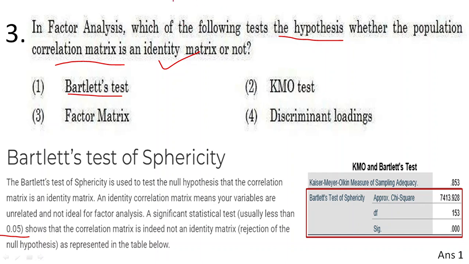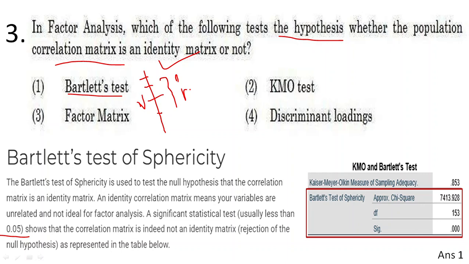Factor analysis is basically when there's a large number of variables and you want to reduce the data. These variables can be reduced to a few factors, factor 1, factor 2, factor 3. So that is what a factor analysis is.